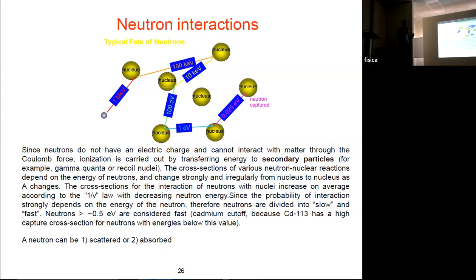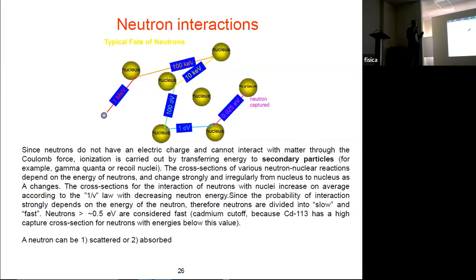Also, we touched on uncharged particles and talked about the interaction of gamma rays with matter. Remember three processes: photo effect, Compton scattering, and pair production.